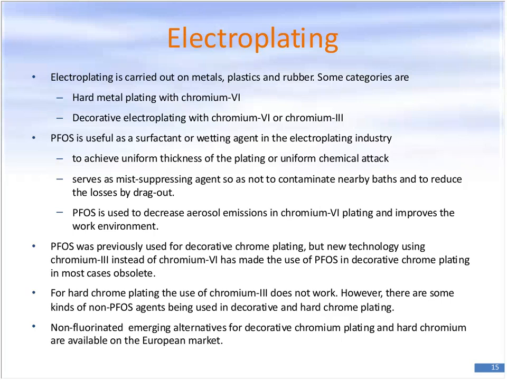In this, there are some categories: hard metal plating with chromium 6, or decorative electroplating with chromium 6 or chromium 3. As indicated, PFOS is very useful as a wetting agent here, and though PFOS was previously used for decorative chrome plating, now there are new technologies that are using chrome 3 instead of chrome 6 that has made the use of PFOS in decorative chrome plating in most cases obsolete.